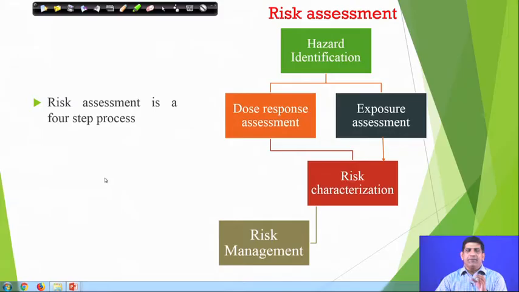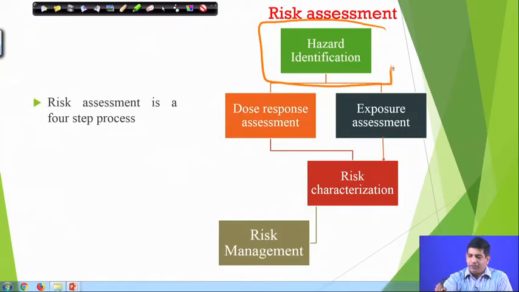So risk assessment is a 4-step process. The first thing is hazard identification. As you can see in the top box over there, that's the hazard identification. Now what does that mean? We have already done that. From the last few videos, that's what we have been trying to do. We have been trying to identify the different chemicals present in the electronic waste stream. Those are the hazards. I'm discussing this from the e-waste perspective.